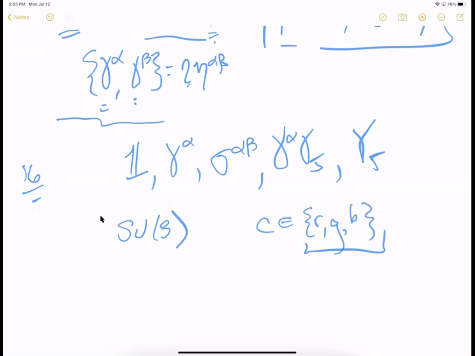A vector space on which a group acts is called a representation of the Lie group. We're dealing with linear representations, so we're talking about vector spaces that the group acts on, and that implies we need to write the transformations of the group as matrices.